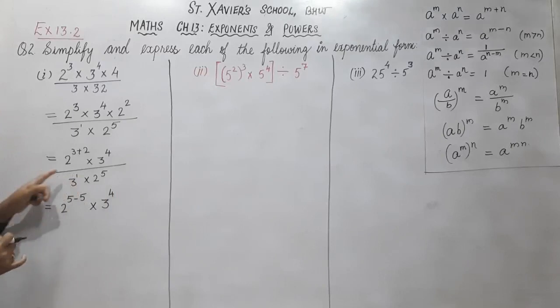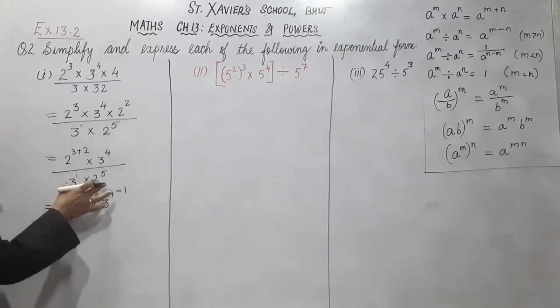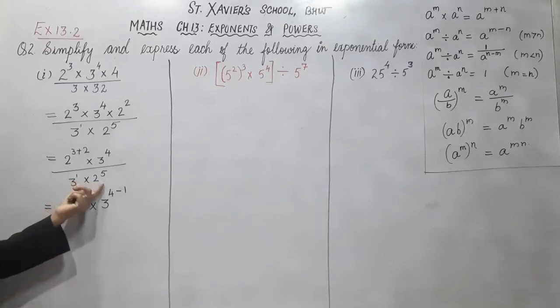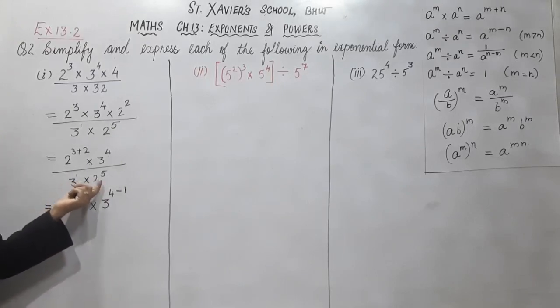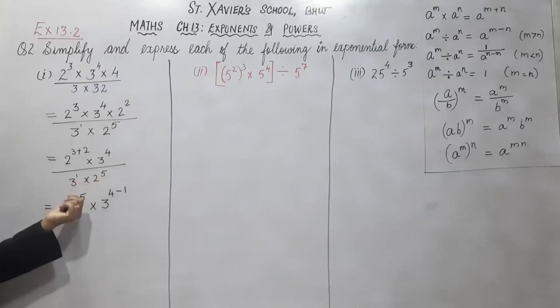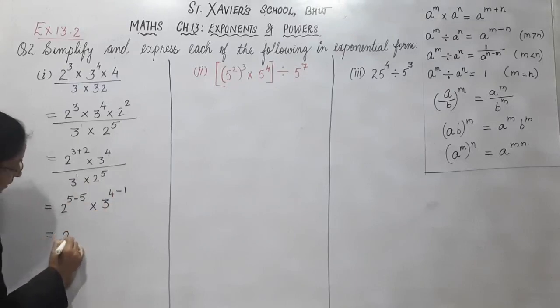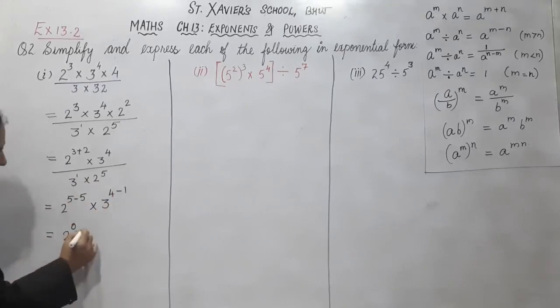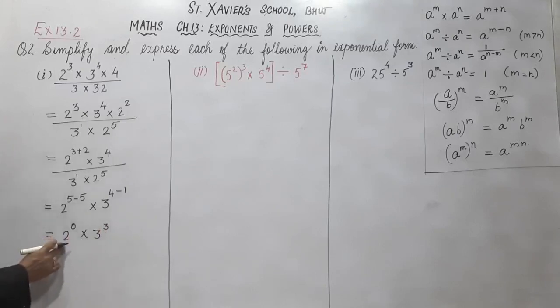Here the denominator's power is less. So we have to subtract. The terms which are in the denominator, we have to subtract that power from the numerator. Okay. 2 raised to 5 minus 5 is 0 into 3 raised to 3. What is the value of 2 raised to 0?